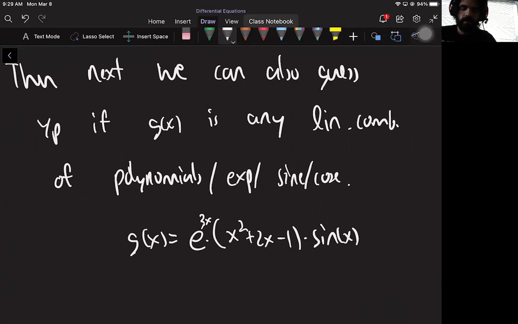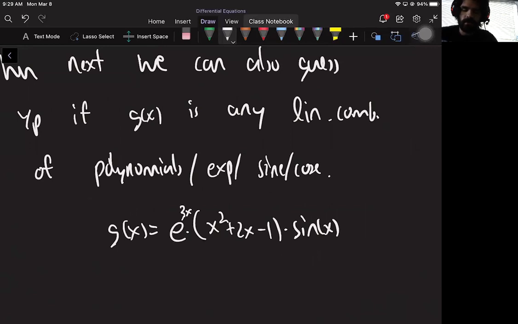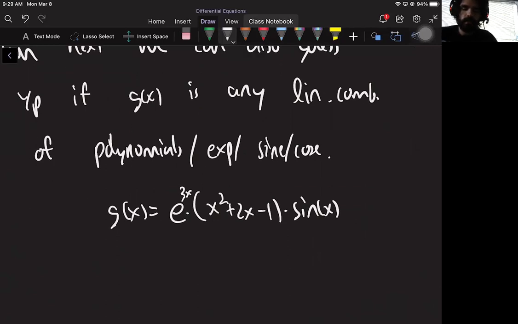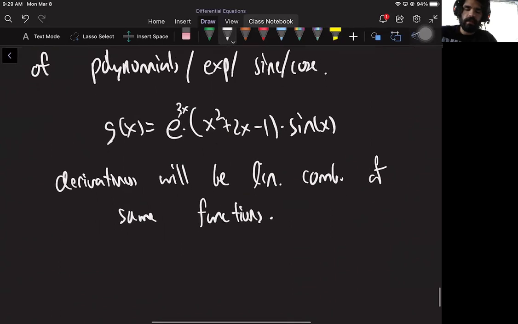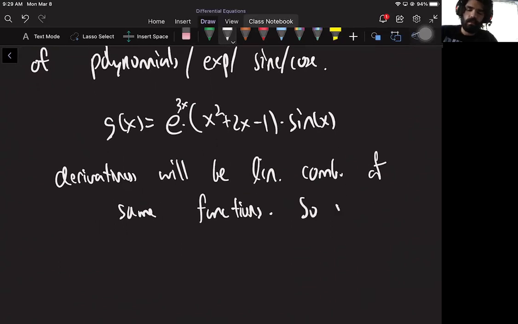If you take derivatives of something like this, it'll take forever, but the derivatives will still be linear combinations of the same things. So what that means is we can still guess.